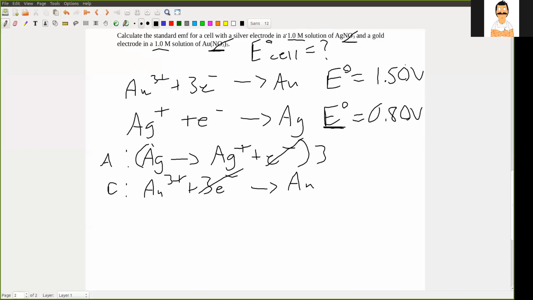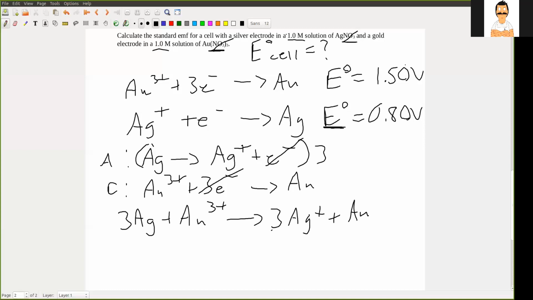So even though I'm multiplying silver by 3, our standard potential is still going to be 0.8 volts. Okay, so our overall reaction will be 3Ag plus Au3+ gives us 3Ag+ plus Au. Okay.